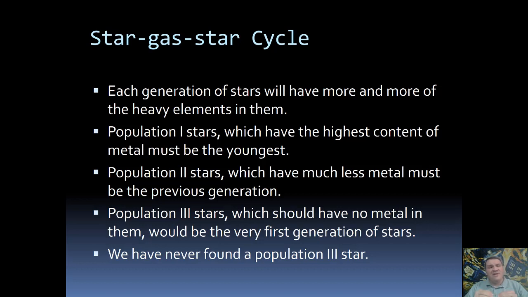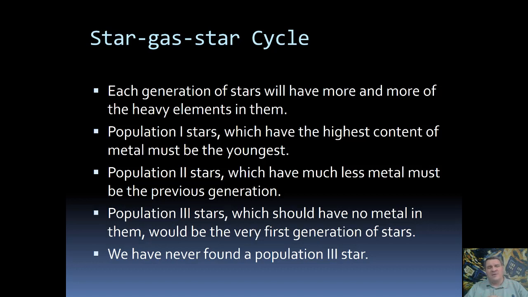However, even population 2 stars, these ones that are old with very little metal to them, they still have some metal, which suggests there has to be at least one population before them. These are what we refer to as population 3 stars. Population 3 stars are the very first stars that should be just hydrogen and helium and nothing else.